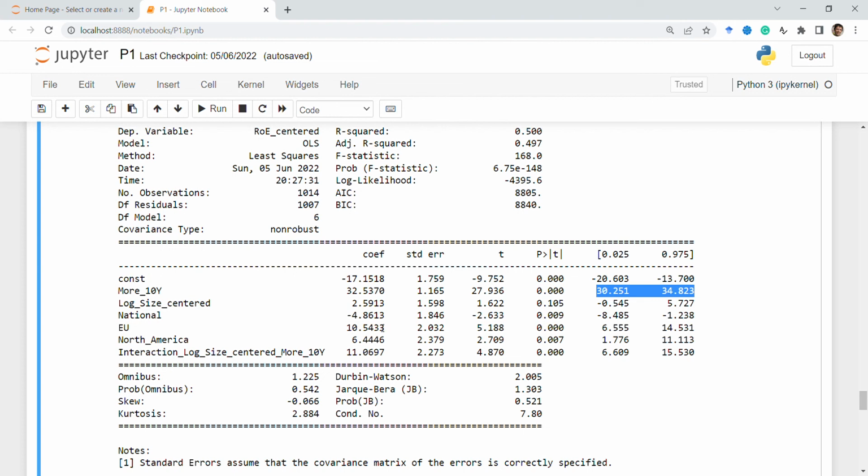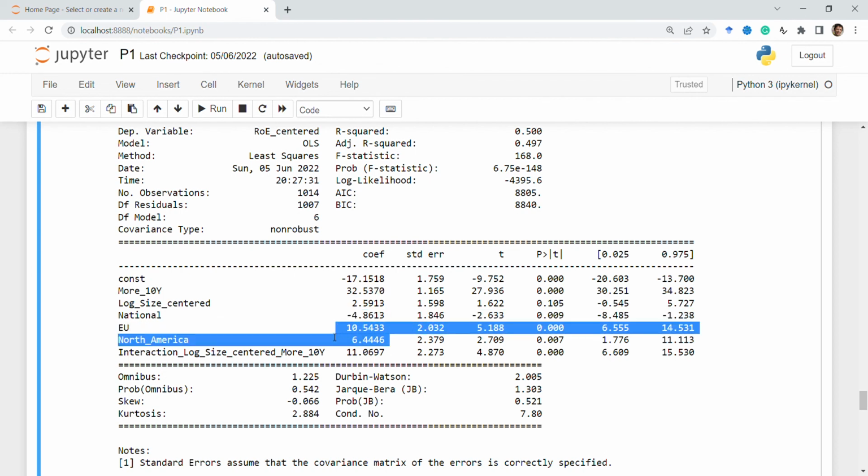They depend on the age, and it makes sense, because newer offices require a high investment at the beginning, and then after some period they pay back. National offices are not working well, rest of the world offices are not working well, and the European and North American offices are doing good.